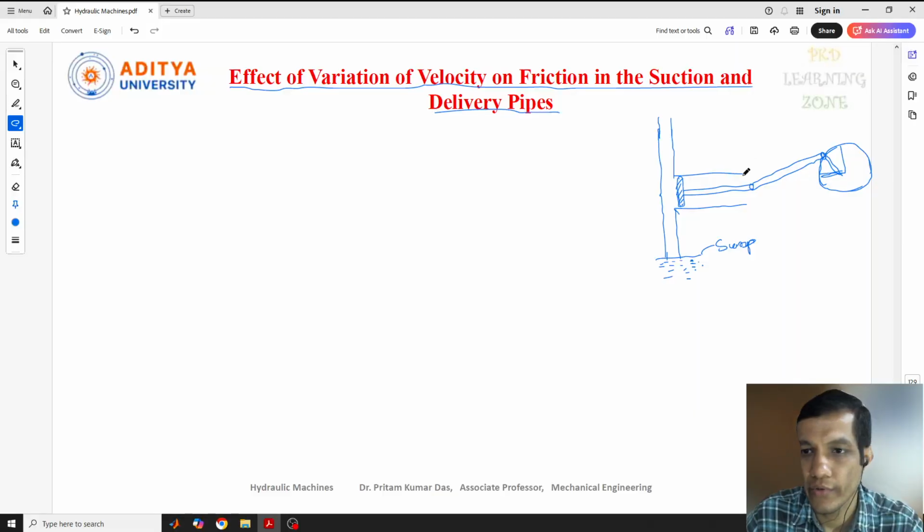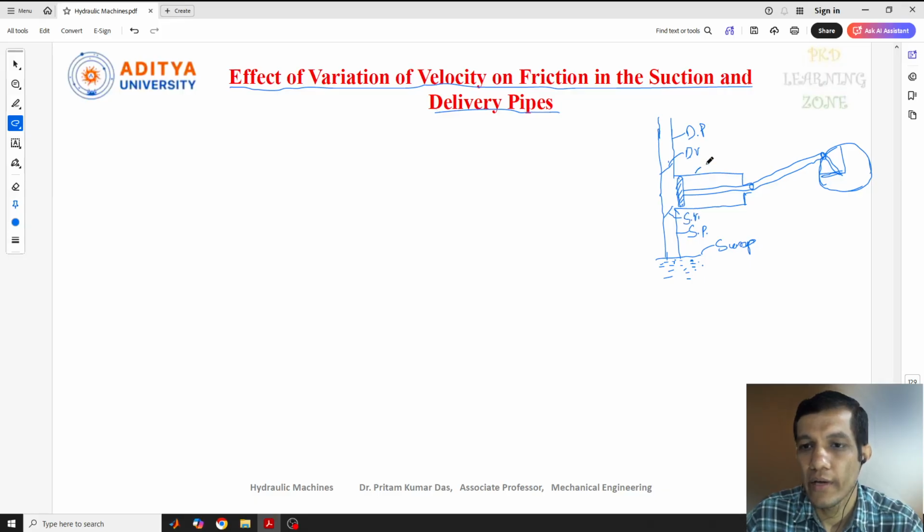I have shown you this because this is the working principle of the reciprocating pump. The water will come here, and here we have the suction valve, and the delivery valve will be here. Let me highlight this. This is our suction pipe, and this is our delivery pipe, this is our delivery valve, and this is our suction valve.